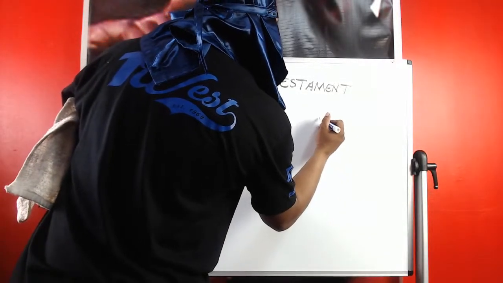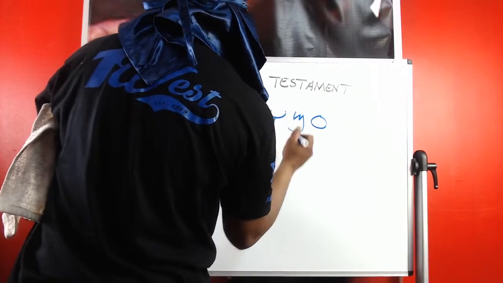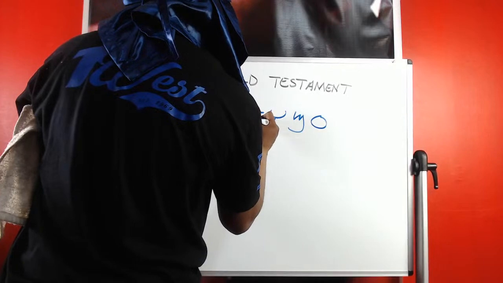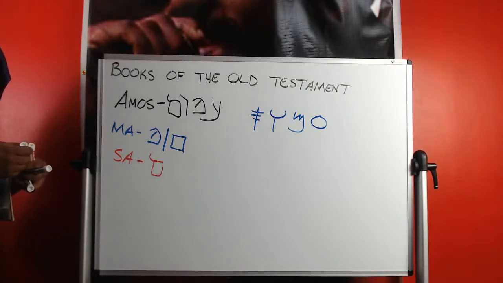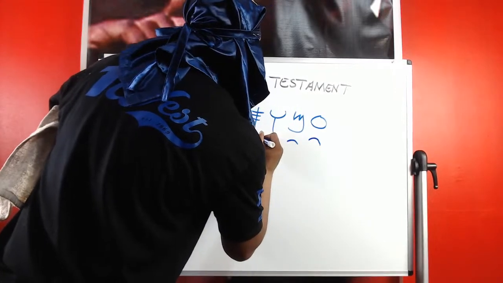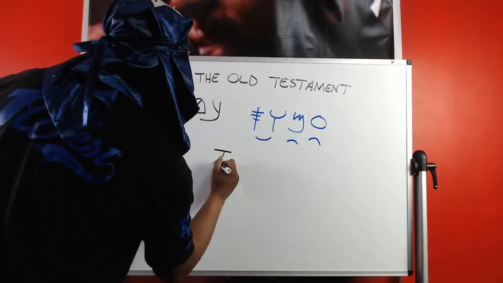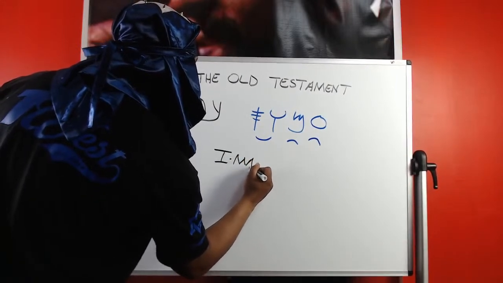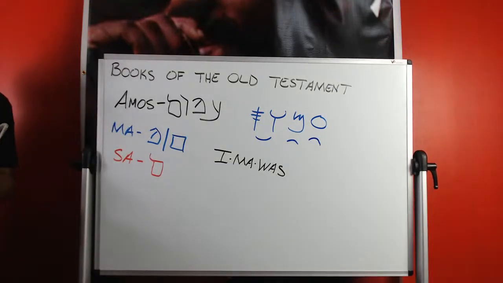Now let's write it out in ancient Hebrew: I, ma, wa, and then sa. So now it's Amaw, close, Amos.